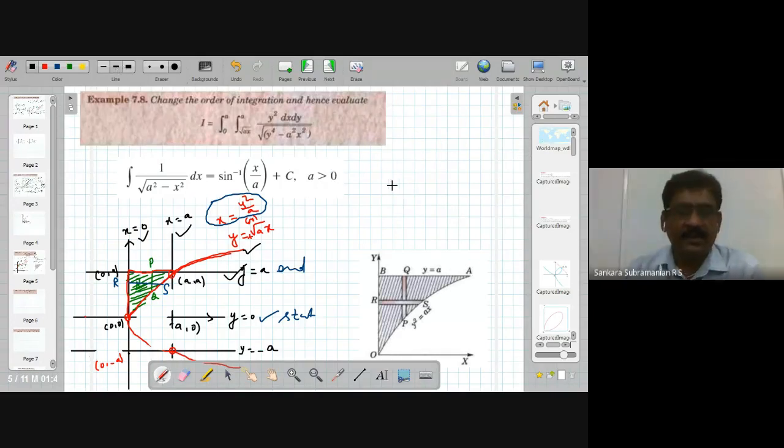The new limits are: where does this strip RS start? It starts from y equal to 0. Where does it end? Painting and brushing like this, it ends at y equal to a.